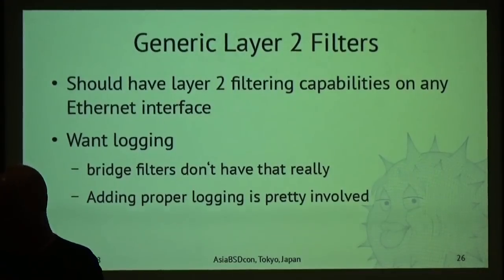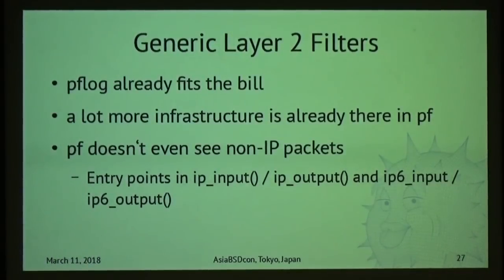What we already have in PF, we have pflog. And pflog, using the pcap format, using bpf, has everything we want there. So it's all there already. And there actually is a lot more infrastructure in PF for filtering that we might want to use for generic layer 2 filters.